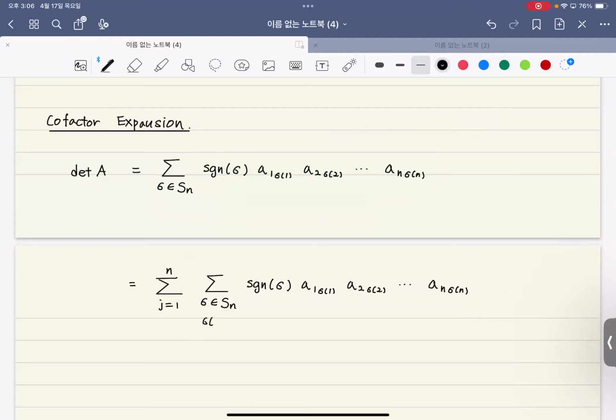Sigma of 1 goes to j. So this set consists of many different permutations, but some permutations send 1 to 1, some send 1 to 2, and some permutation sends 1 to j. And we are classifying each of these permutations depending on the image of 1.